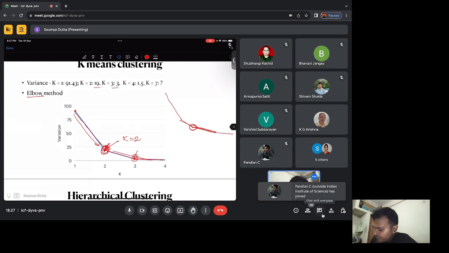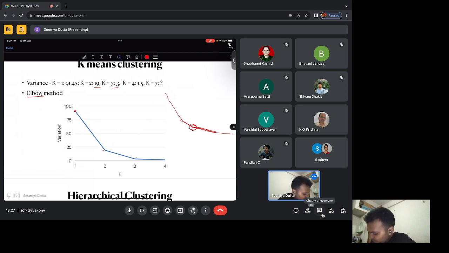It's just that from the curve, if you see this slope, the change in slope looks much higher here. I am saying that from 3 to 1.5, the difference, I mean this is 91, this is 19, and this is 3.